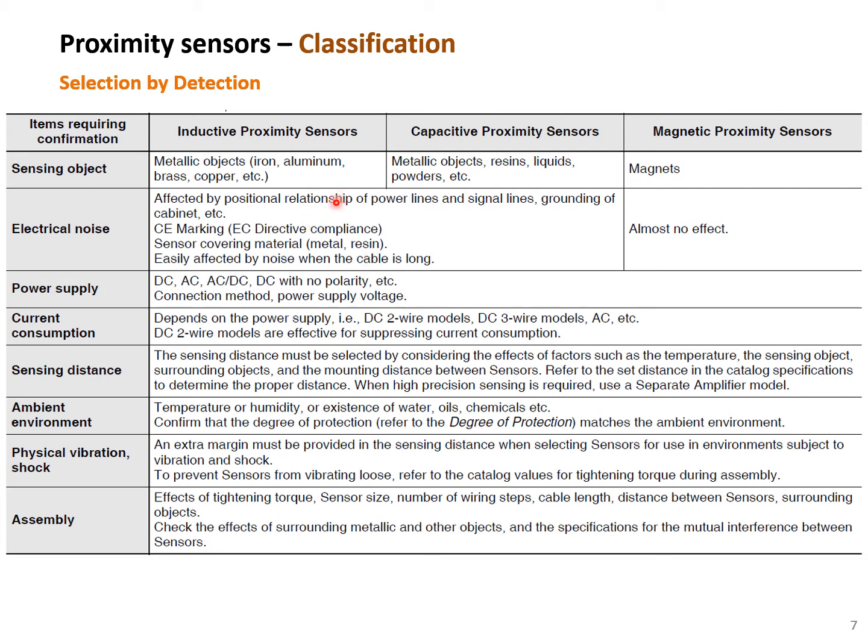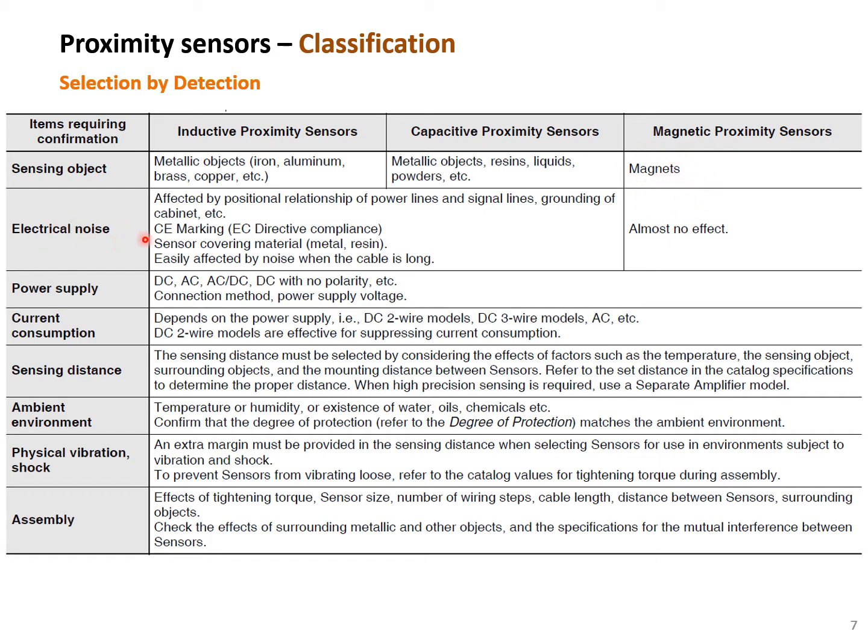I will go through the most important ones. For example, the sensing object: inductive proximity sensors can only detect metallic objects, iron, aluminum, brass, copper, etc. And capacitive proximity sensors can detect metallic objects, resins, liquids, powders, etc. So basically, most materials, metallic and non-metallic, and magnetic proximity sensors can only detect magnetic objects.